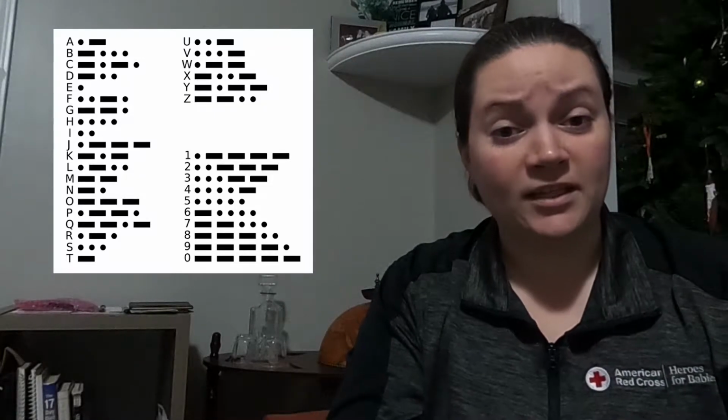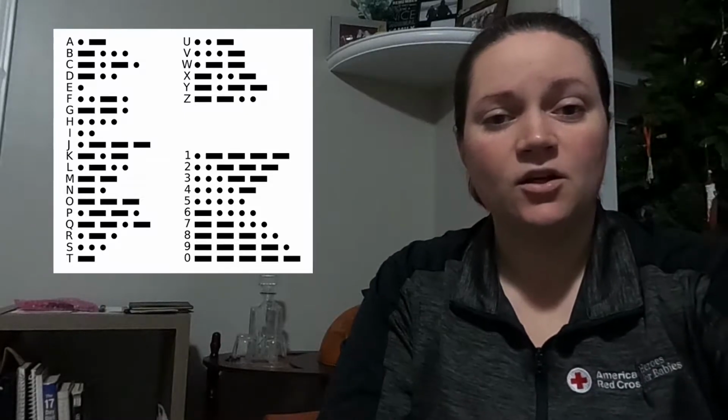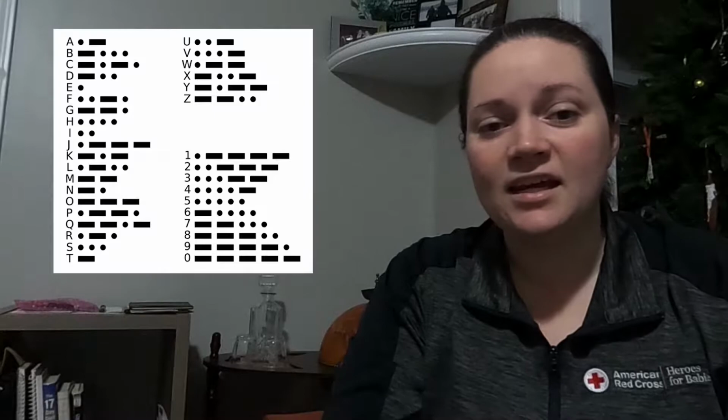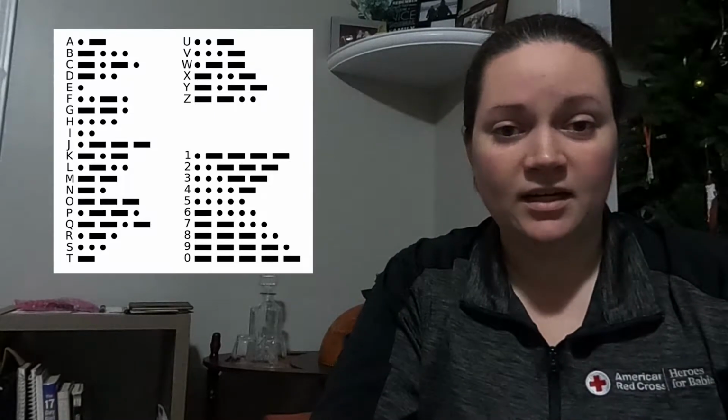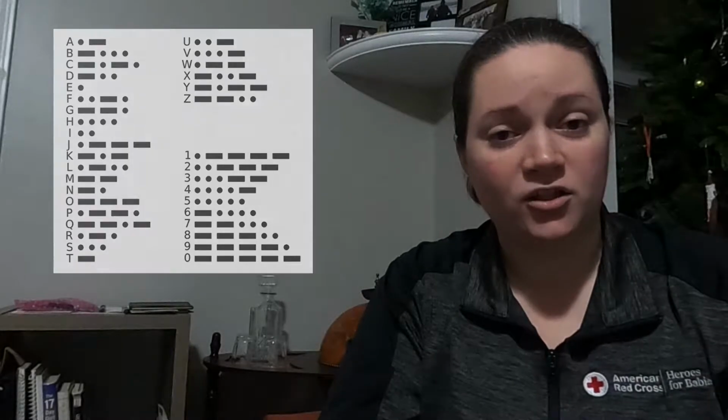And when strung all together, it makes messages. So it's basically a method of telecommunication that is obsolete, what with newer technology today. It's not really commonly used as it once was.